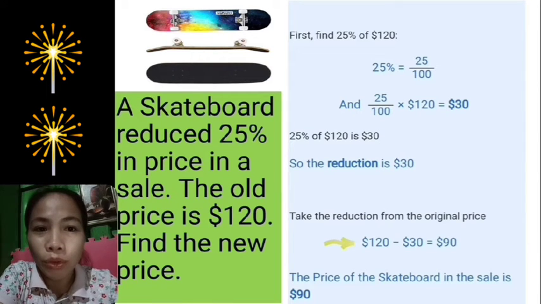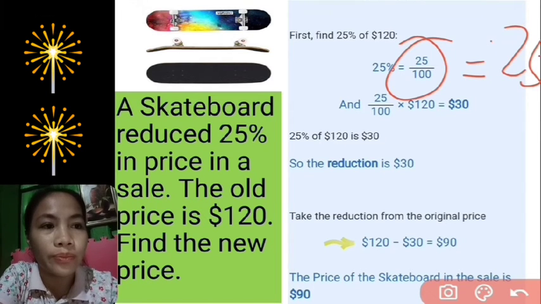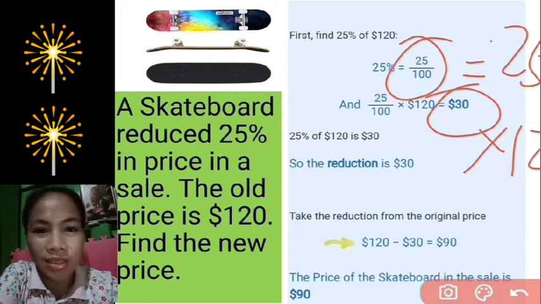A skateboard is reduced 25% in price in a sale. The old price is 120 US dollars. Find the new price. Let's find 25% of 120 dollars. 25 divided by 100 is equal to 0.25, times 120 is equal to 30 US dollars.